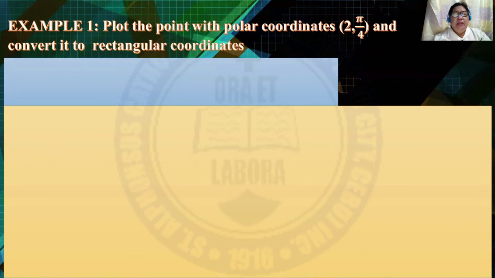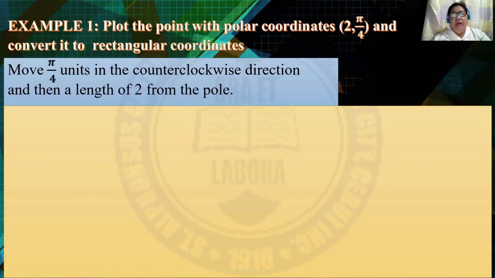For example, plot the point with polar coordinates 2 and pi over 4 and convert it to rectangular coordinates. So we have to move pi over 4 units in the counterclockwise direction and then a length of 2 from the pole.